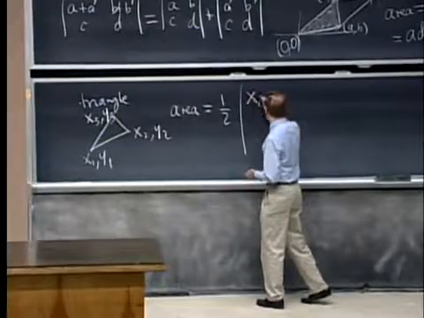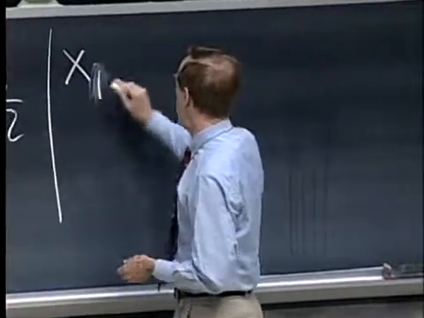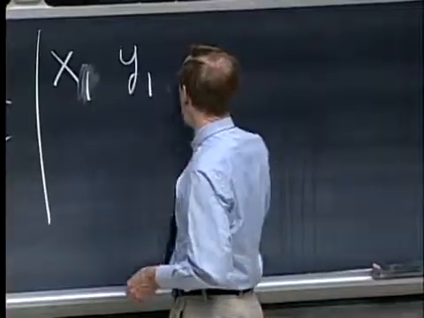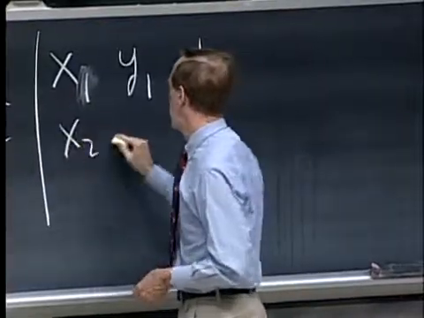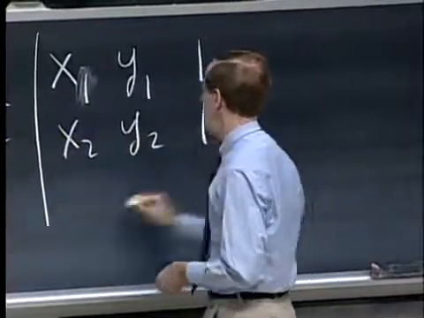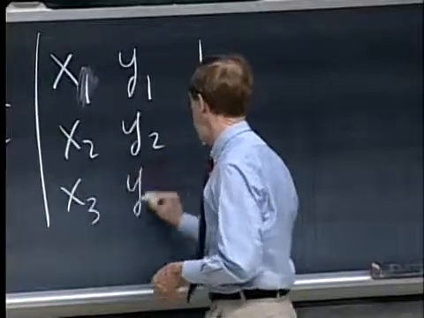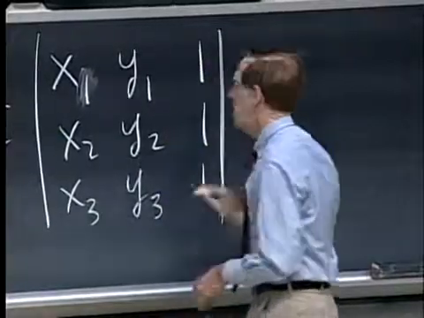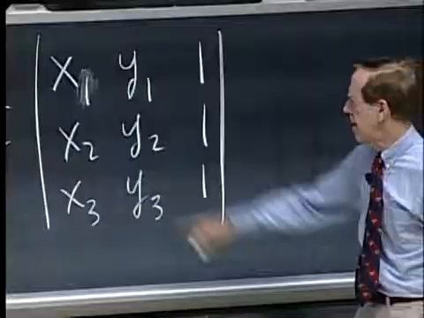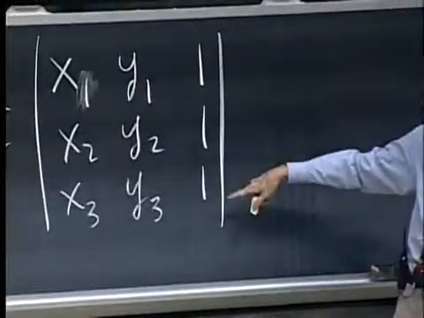It turns out that if you do this, x1, y1, and a 1, x2, y2, and a 1, x3, y3, and a 1, that works. That's the determinant symbol, of course.